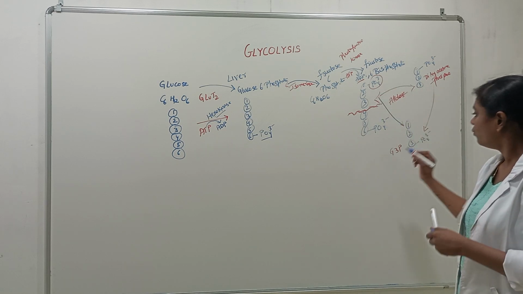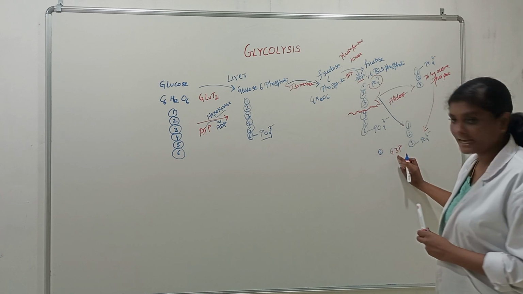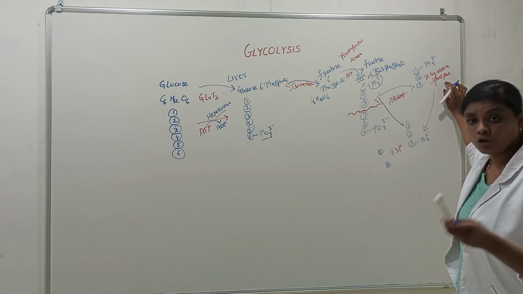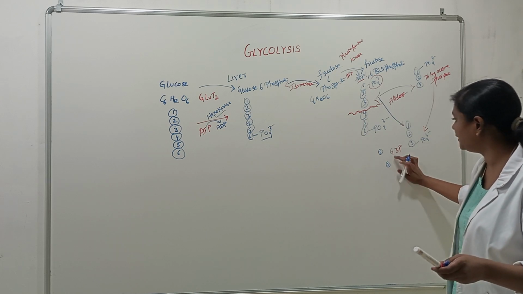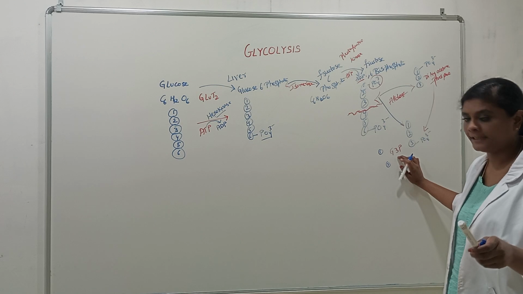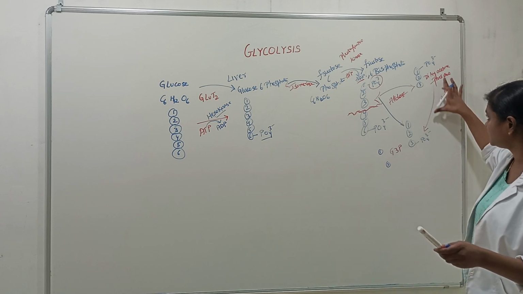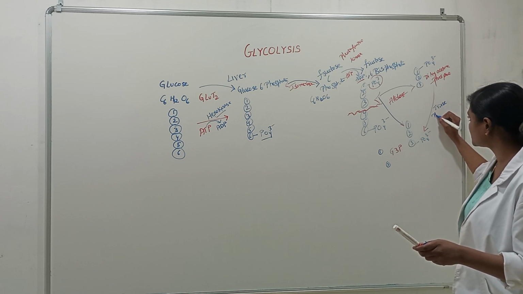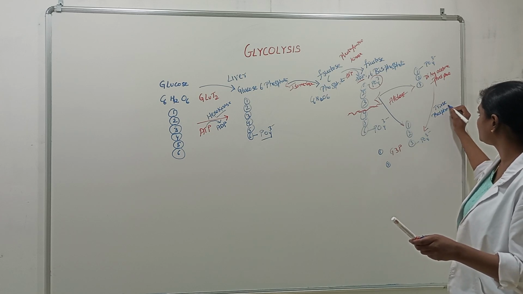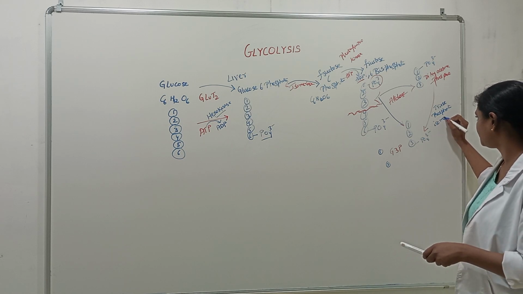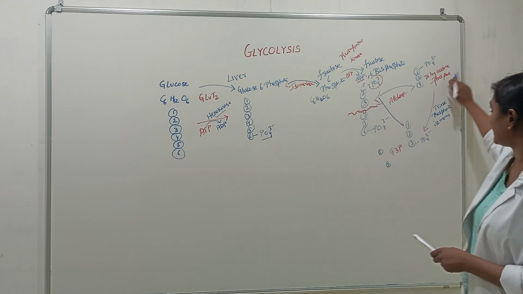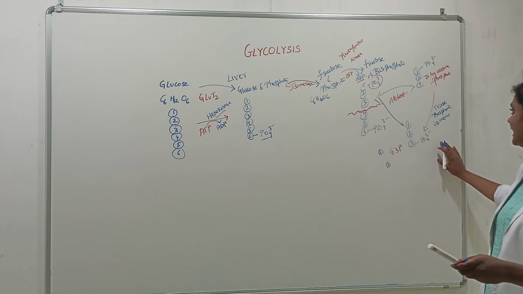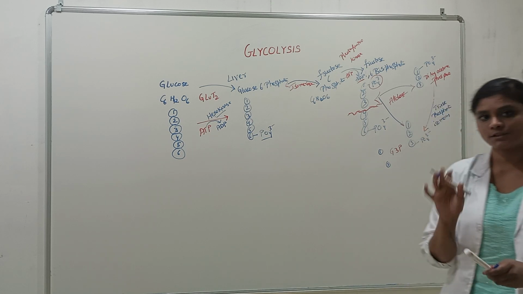So now, one molecule of glyceraldehyde 3-phosphate will be there, and another molecule of dihydroxyacetone phosphate gets converted into glyceraldehyde 3-phosphate. For this conversion we need an enzyme known as triose phosphate isomerase.